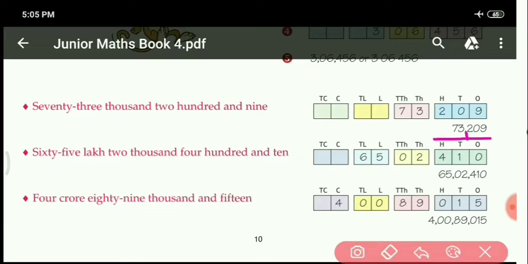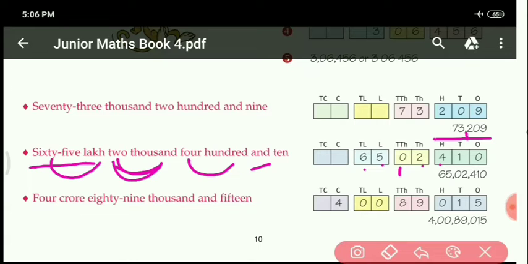Similarly, next example also, here see 65 lakh. Lakh digit what is given 65 lakh. Okay. And 2,000, 1000 place is given, 10,000 not given, so here write 0, and 1000 place what is 2. So 65 lakh 2,000, and 100 place digit 4, and 10 what is given 1.